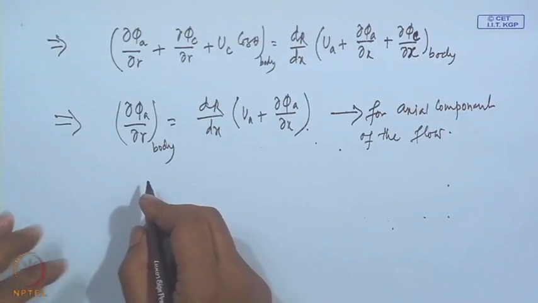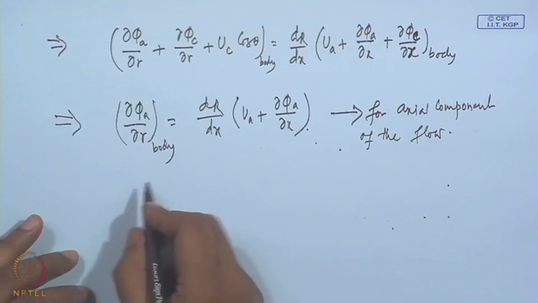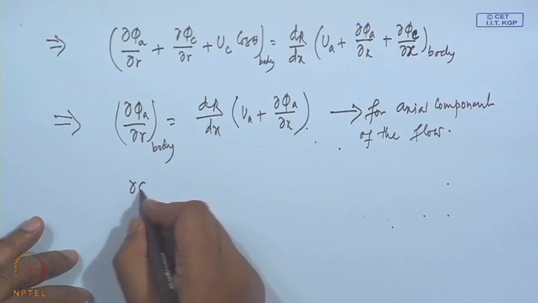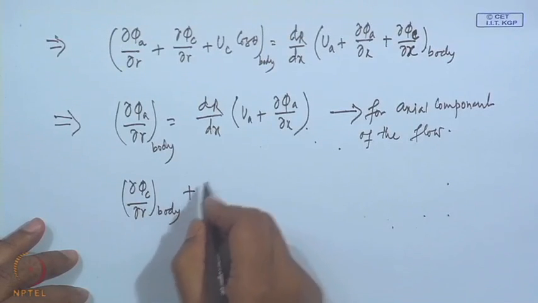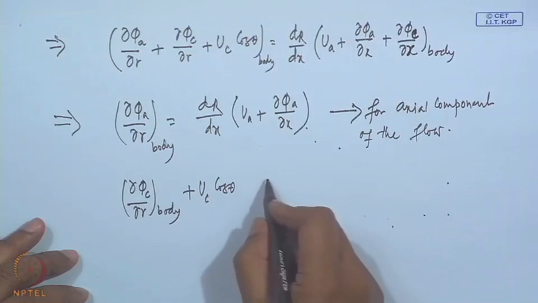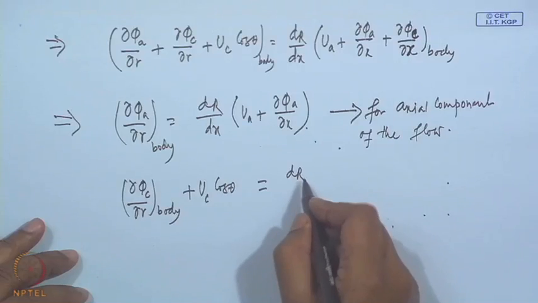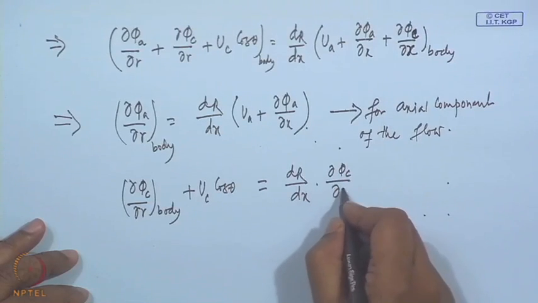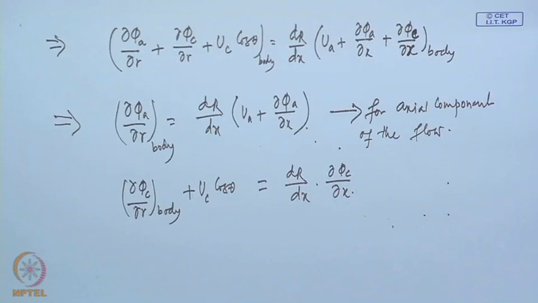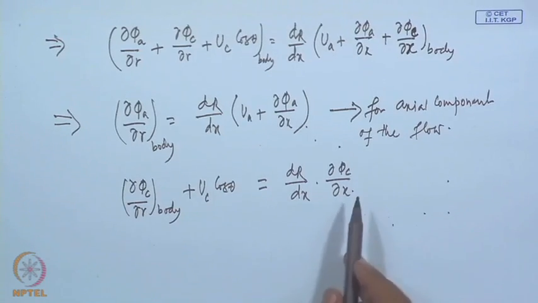And the remaining term. Now for a slender body this dr dx is small and d phi c dx is also small and consequently the product can be neglected.